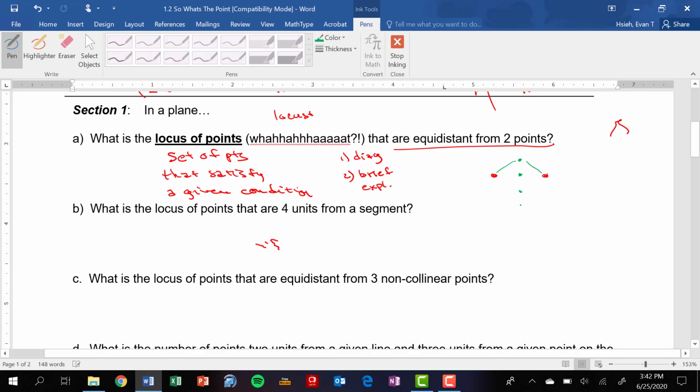I can pick another point here, another point here, another point here. Hopefully you can see that all these points along here are going to represent a line that sort of goes right through the center of that thing. That line, if I were to draw on this segment here, we already did this a little bit in one of the earlier sections, is called the perpendicular bisector.